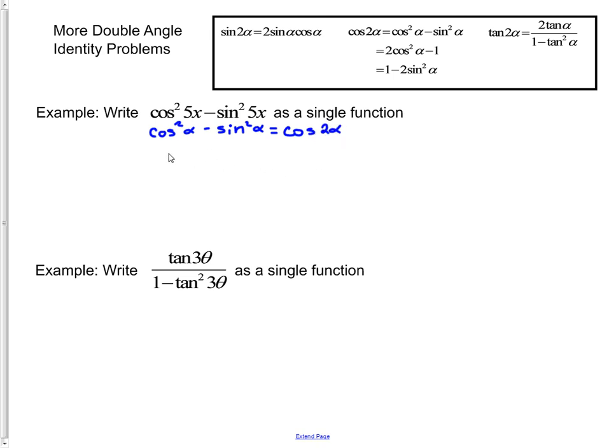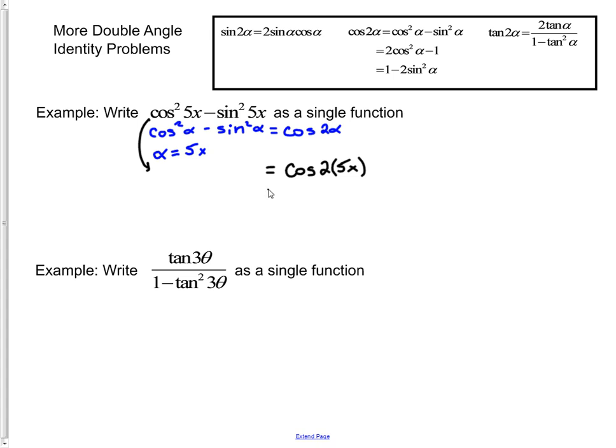Well, what's replacing alpha in this case? It looks like alpha is being replaced by the quantity 5x. So if we take that to be what's happening right here, then in fact we're going to have the cosine of 2 times 5x. Now again, remember, it's not cosine times 2 times 5.